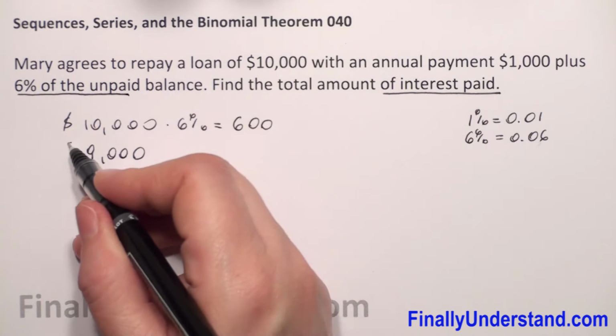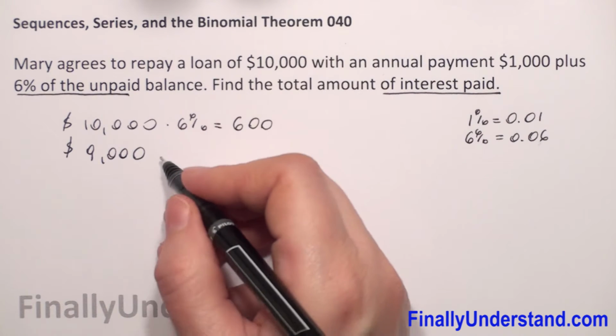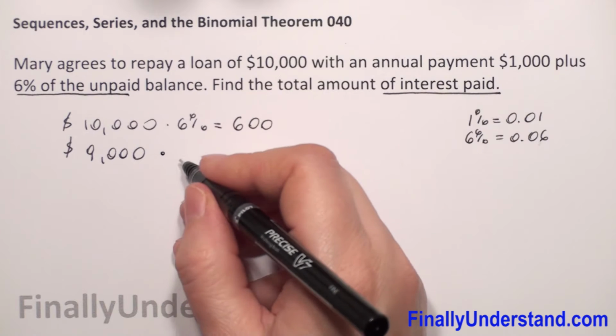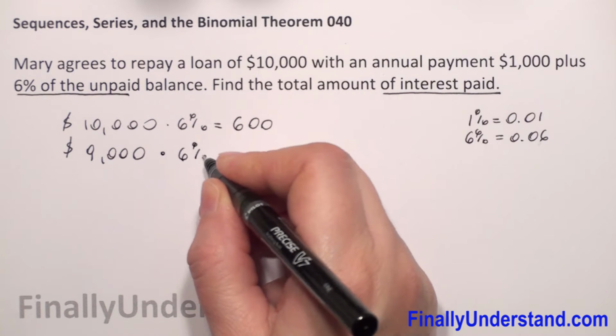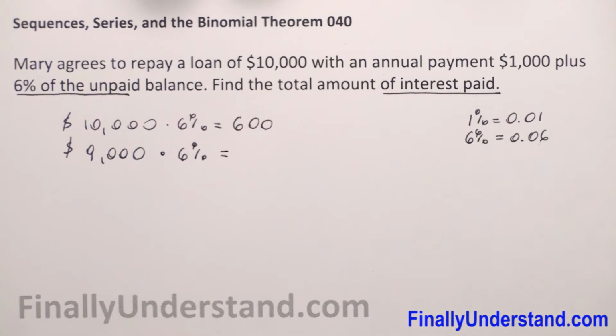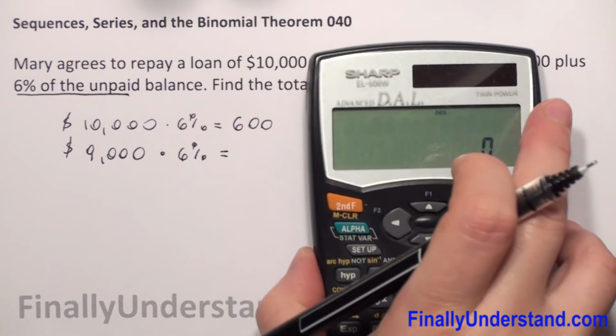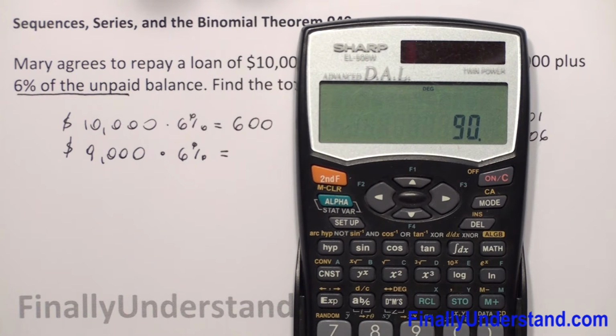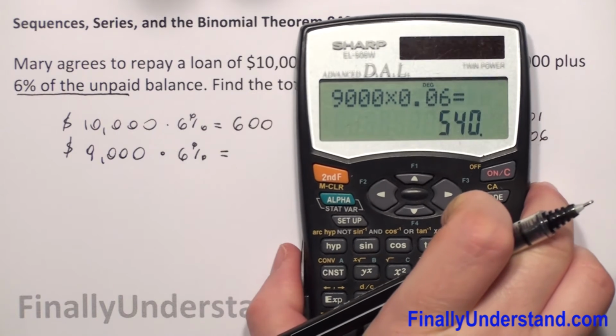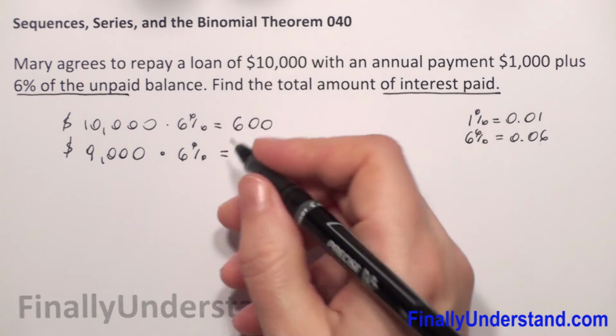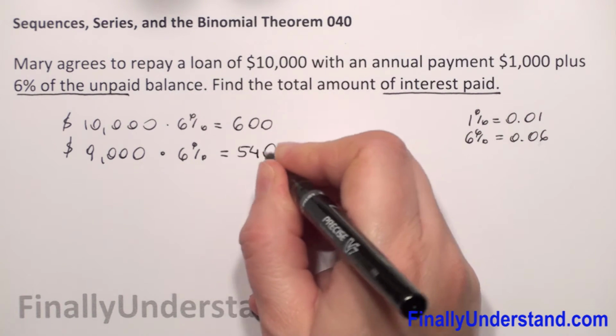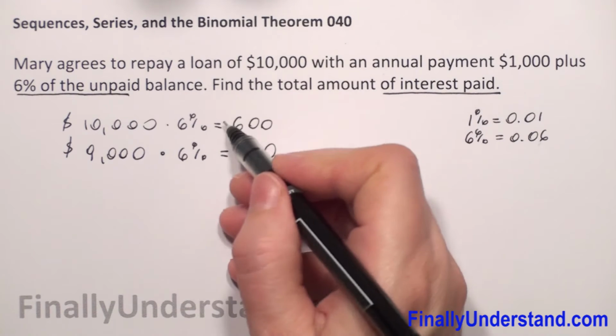So again, from 9,000 we have to calculate how much is 6%. So we'll use calculator. 9,000 times 6%, so this is 0.06. This is $540.